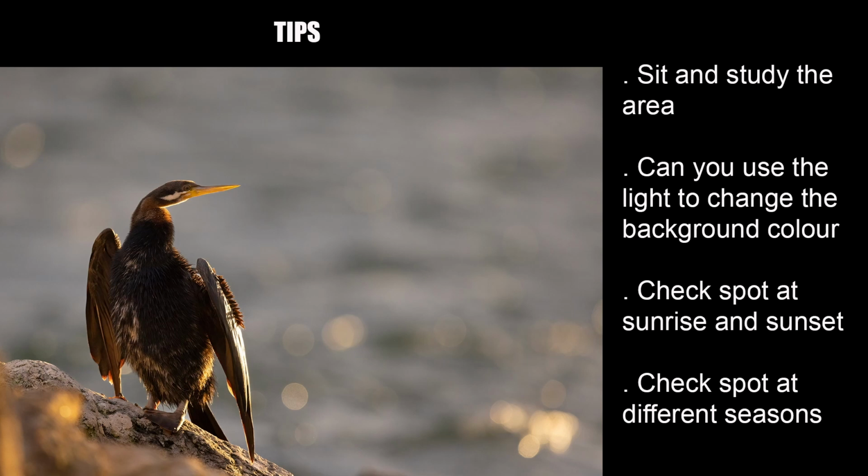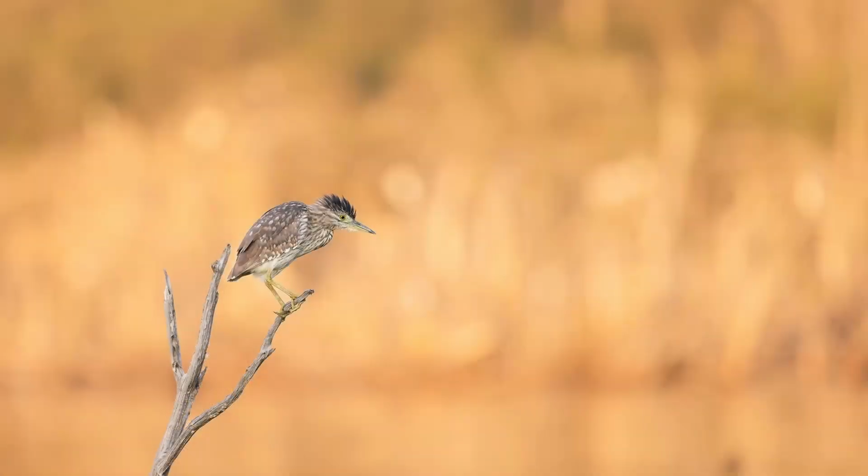It was nice light, but it was high ISO type light. Then I just waited as the sun came up, and the background, which was a distance from the birds that were coming in, was becoming this beautiful orange colour.